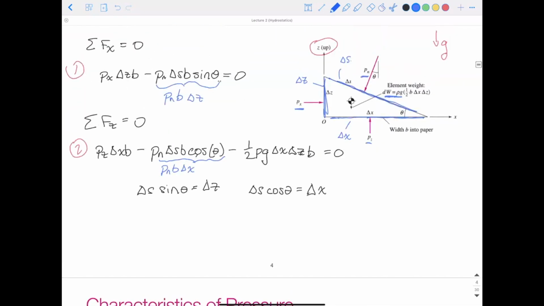So we can write equation 1 again: Px is equal to Pn. So that normal pressure, Pn, is just equal to the horizontal component of our pressure, Px.